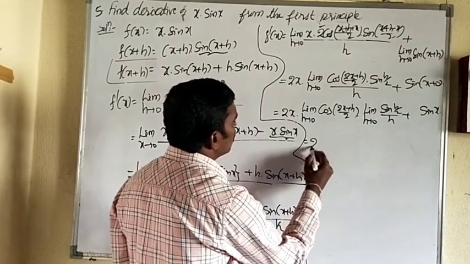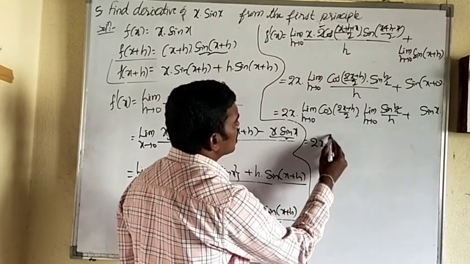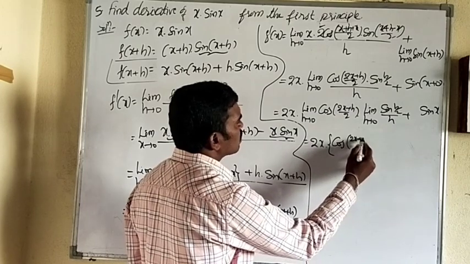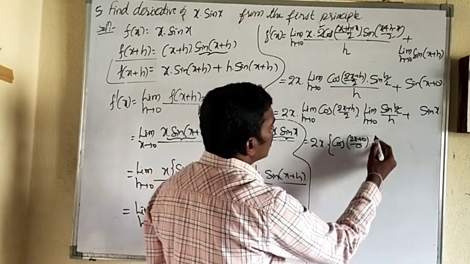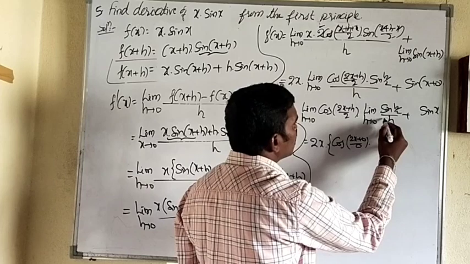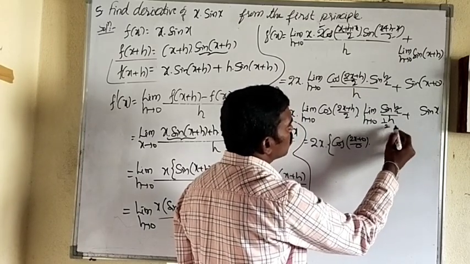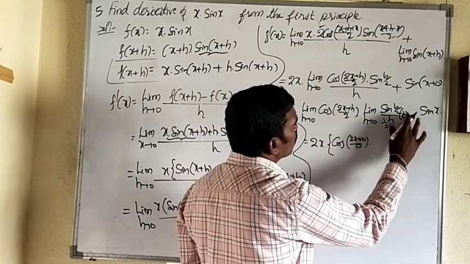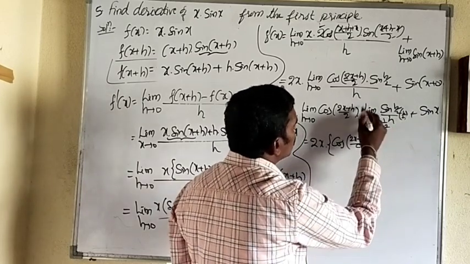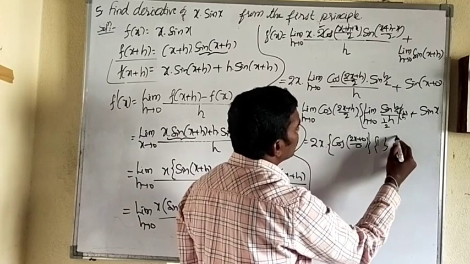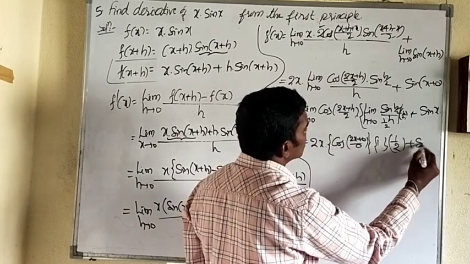So that is 2x into, substituting the h value here, we get cos of (2x plus 0) by 2, into, here we just need 1 by 2. Here h by 2 is there, so multiplying numerator and denominator by 2, we get 1 and 1 by 2 as it is, and plus sin x as it is.